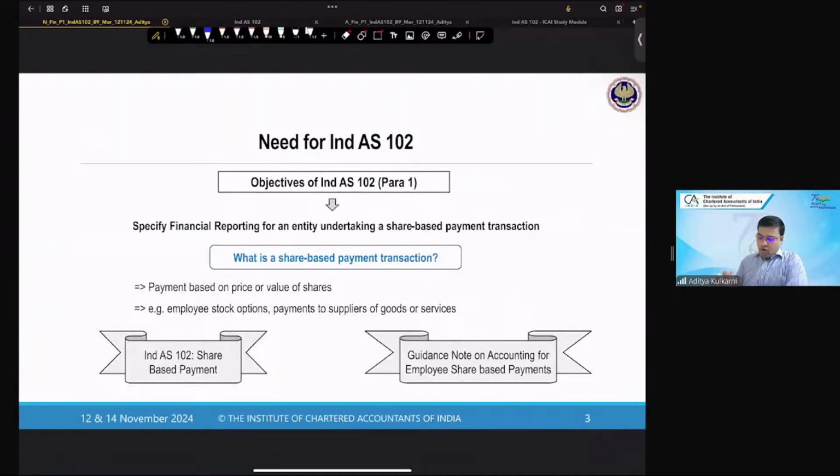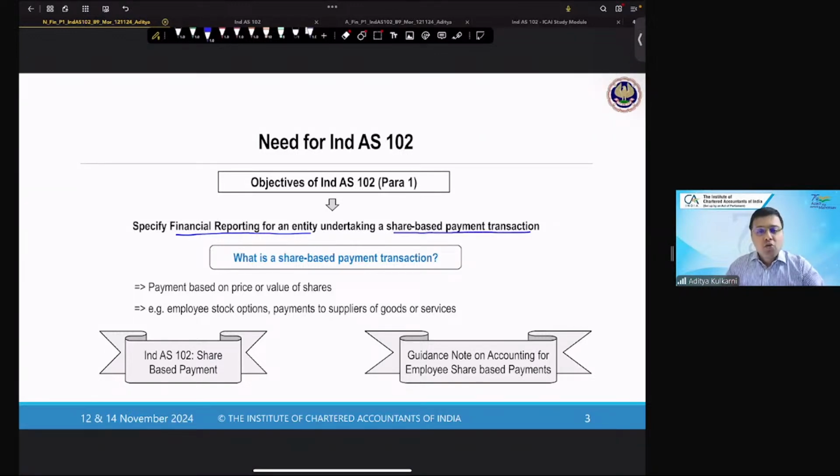So what is the objective of Ind AS 102? This is the first para of any standard that you open up. The objective: what does the Ind AS intend to achieve? There is a parallel standard in the IFRS regime, IFRS 2. So what is the objective? It is to specify the financial reporting for an entity undertaking a share-based payment transaction.